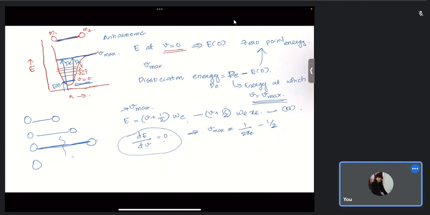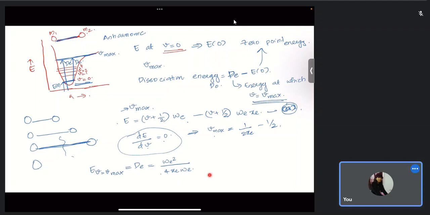If you substitute that particular value in E, you will get dE. And if you substitute and do all the calculation, you will get dE as omega E square divided by 4 omega E xc. So if you substitute V max, V equal to 1 by 2xc minus 1 by 2, in equation A, we get E of V equal to V max, which is equal to dE.